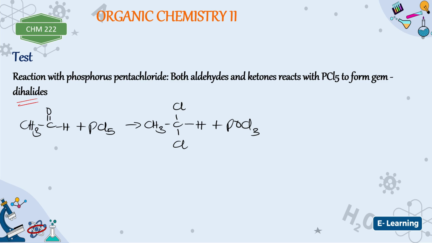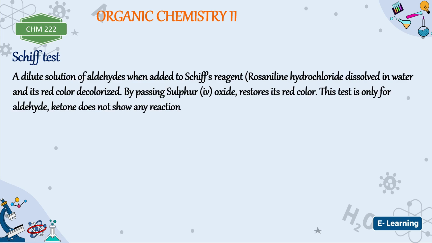Then we have the Schiff test. A dilute solution of aldehyde is added to Schiff's reagent, which is rosaniline hydrochloride dissolved in water, and its red color is decolorized. Passing sulfur dioxide restores its red color. Schiff reagent is initially red.